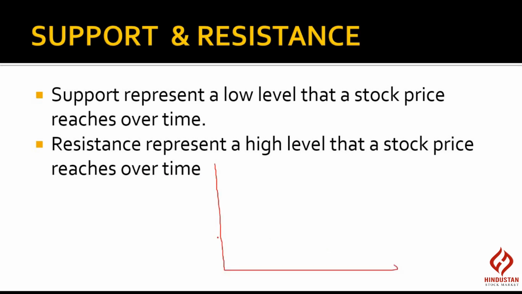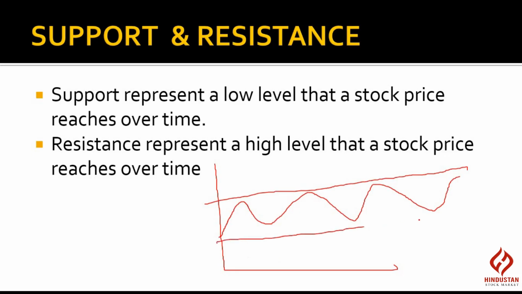So the stock market opens at somewhere around here and it keeps moving like this, right? Let me draw support and resistance levels. This is your support level and this is your resistance level. This is your resistance level because whenever the stock comes near this particular line, it reverses, and whenever the stock reaches this particular level, it bounces back, right?